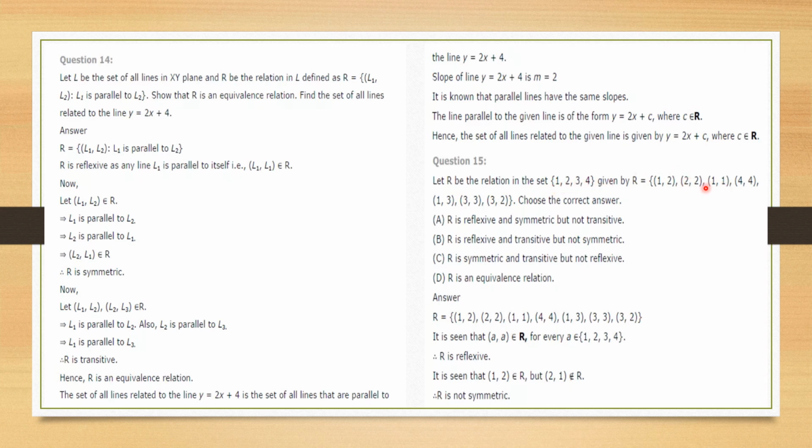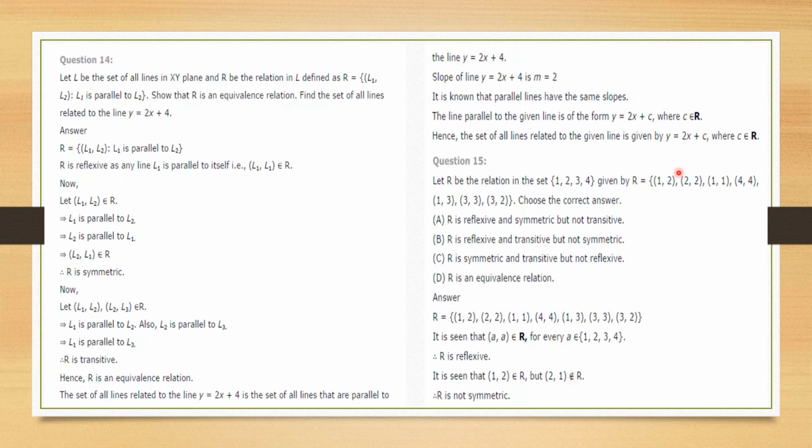So (1,1), (2,2), (4,4), (3,3) are all there, so it is reflexive. Now I just need one pair to check whether this relation is symmetric or not. Here (1,2) is there, but can you find (2,1)? No. So R is not symmetric. (1,2) is there, but (2,1) is not there, so it is not symmetric.